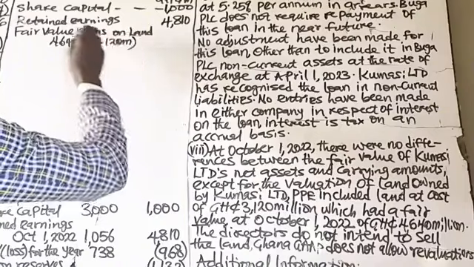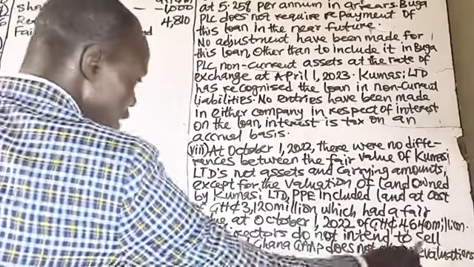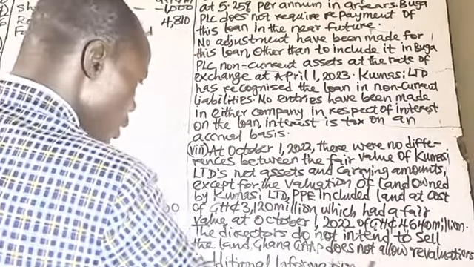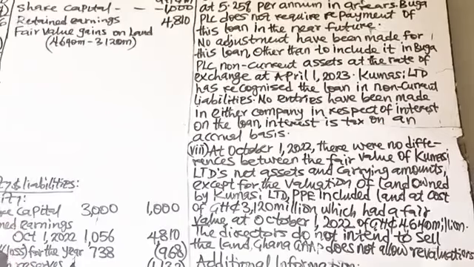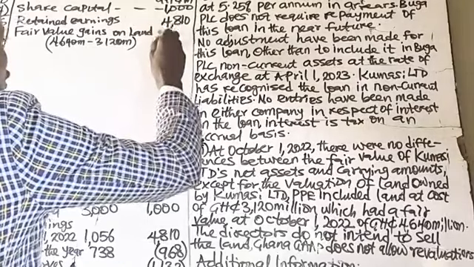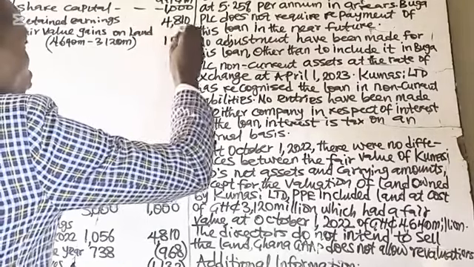The difference between this and this. So how much is the difference? 4640 minus 3120. We have the difference of 1520.